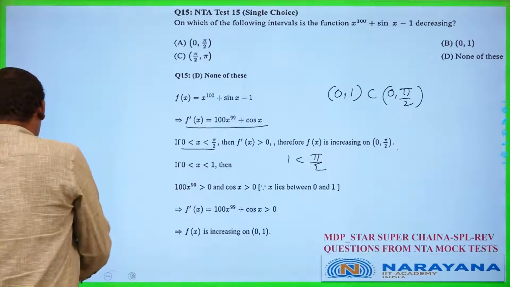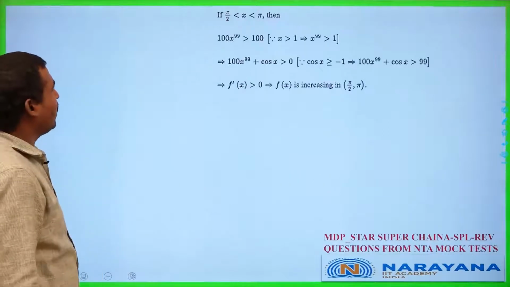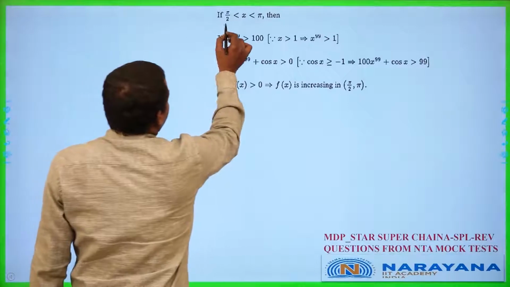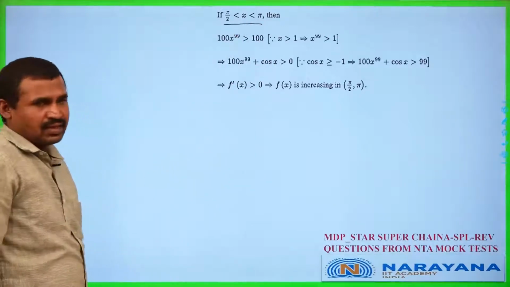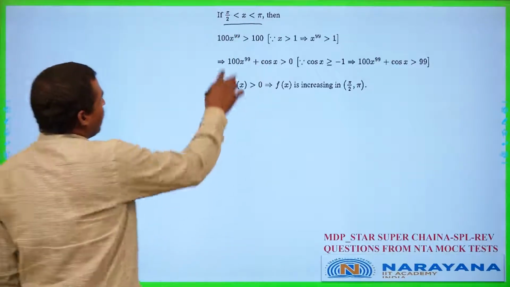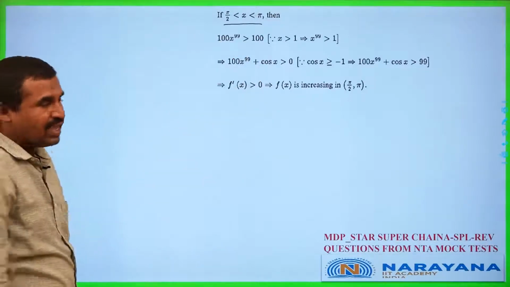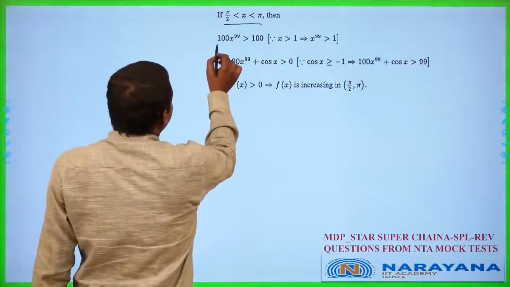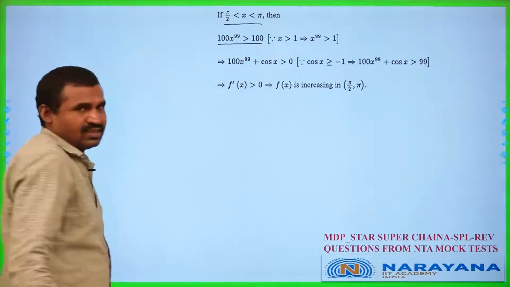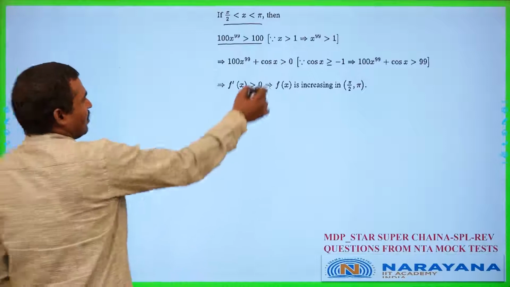Now, if you take pi by 2 to pi, then x is greater than 1. So, 100 x power 99 is greater than 100, because x is greater than 1.